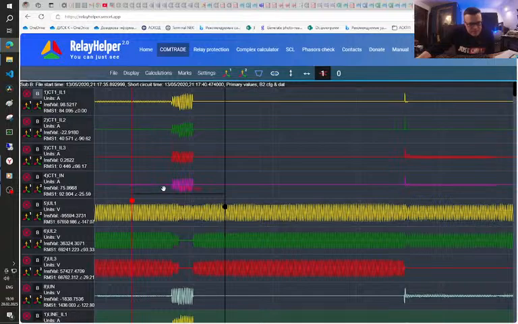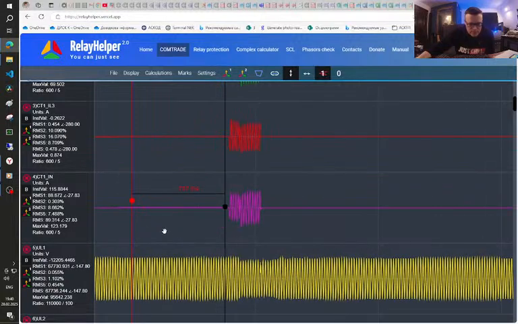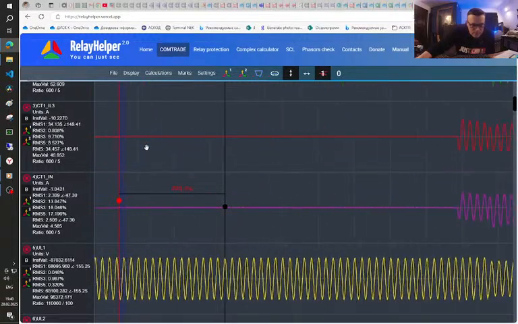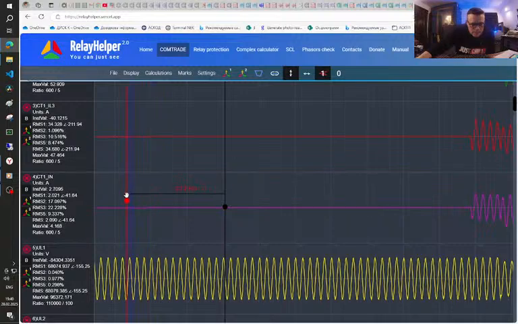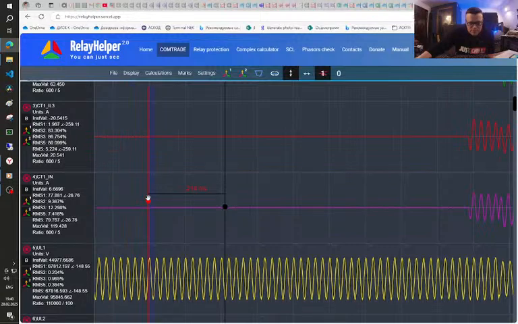Okay, so this is the analog channel for the neutral current, and we can see that there was some current in neutral, and if we look at the phase currents, we can see that the current value is almost zero. At this point there was some current, and after that point of time the current is zero, but a neutral current appears.